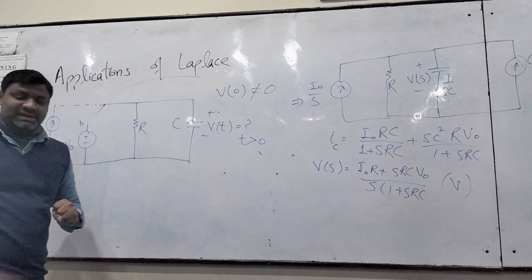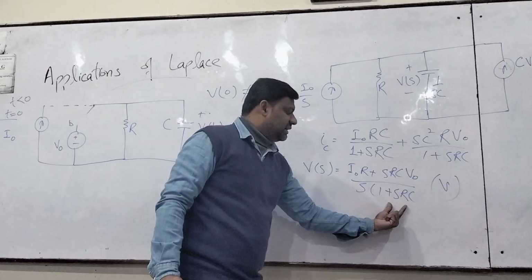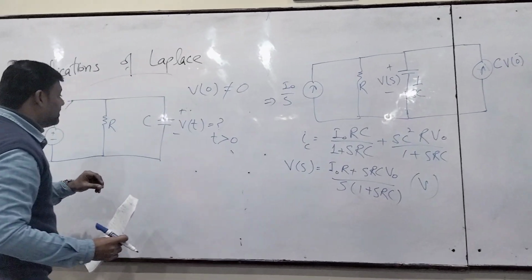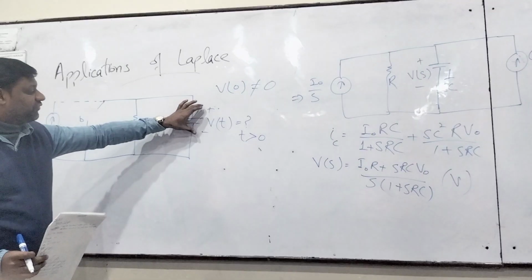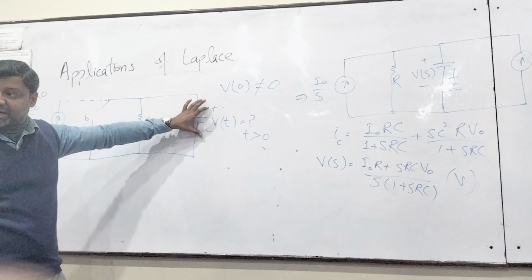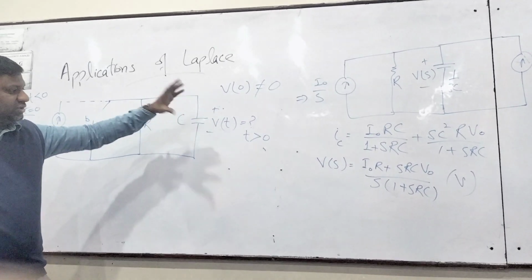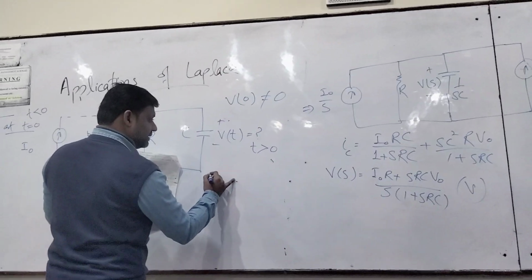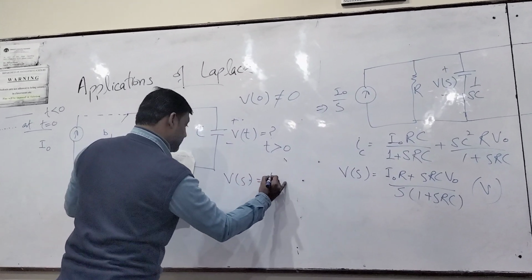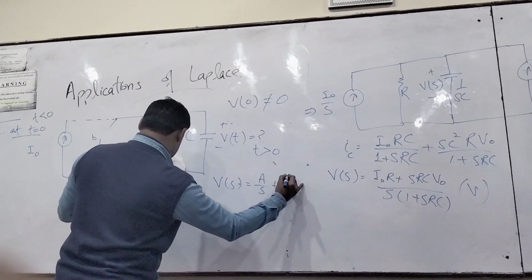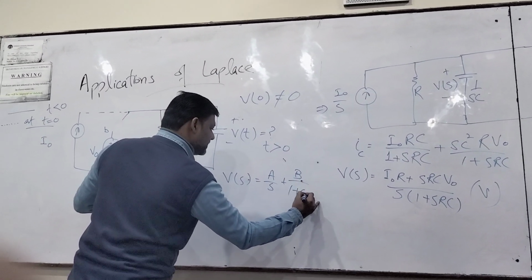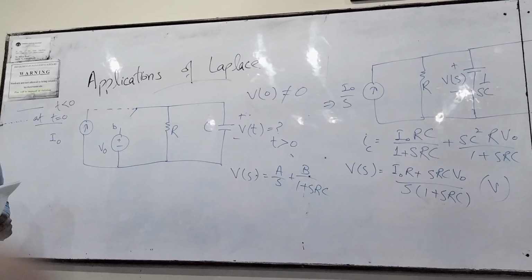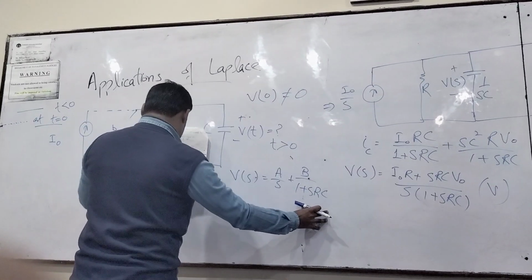But in Laplace transformation, we have been asked to find the voltage across the capacitor in the time domain. So let's take the inverse Laplace. V of S is equal to A over S plus B over 1 plus S times RC.